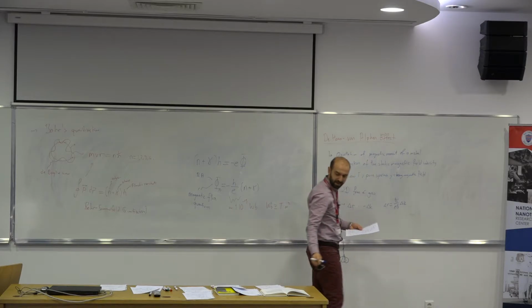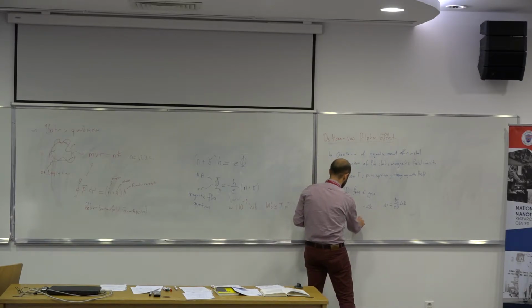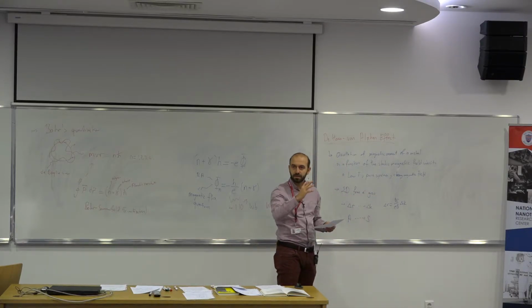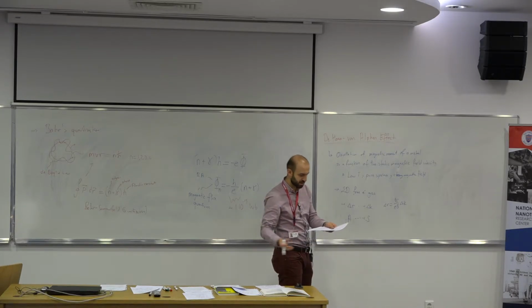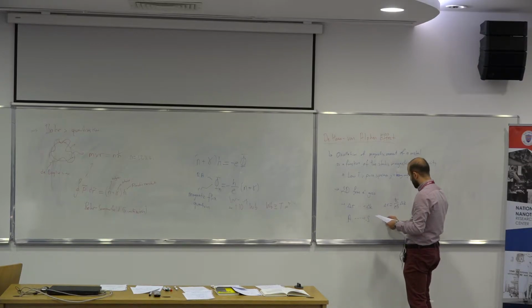So if I define an area in real space, then it will be mapped to an area in k space. So this S can be written as such. So the area in real space is going to be related to S by the factor.